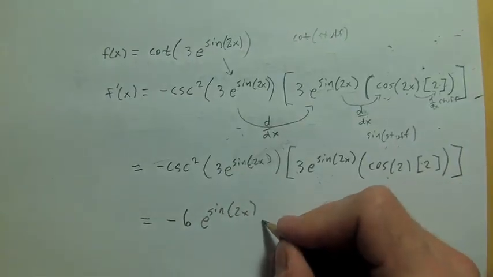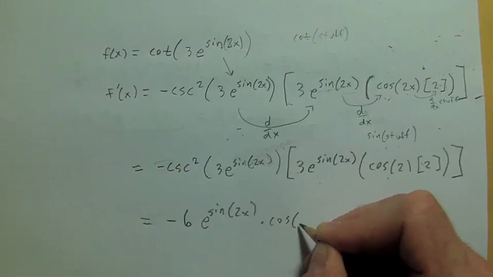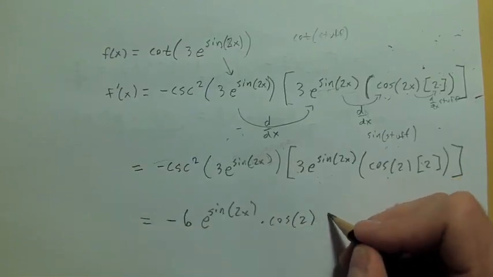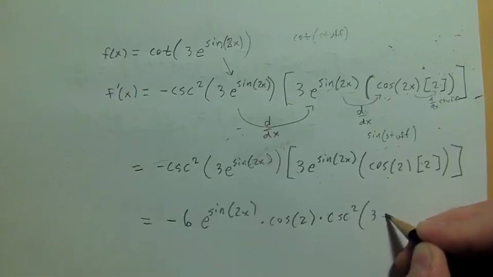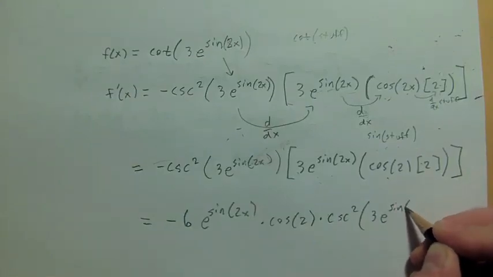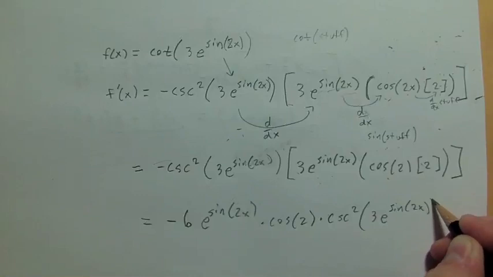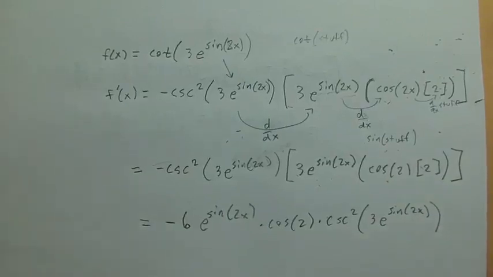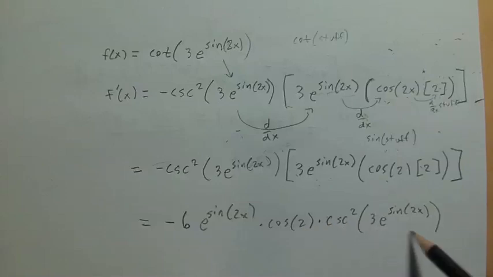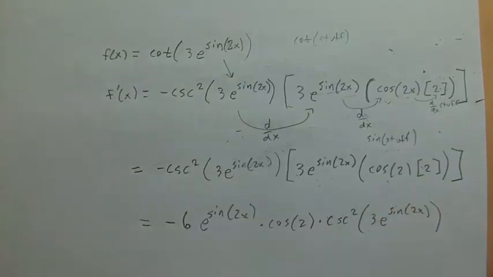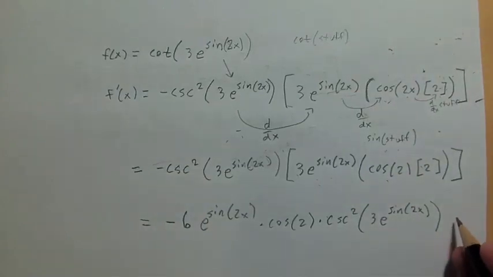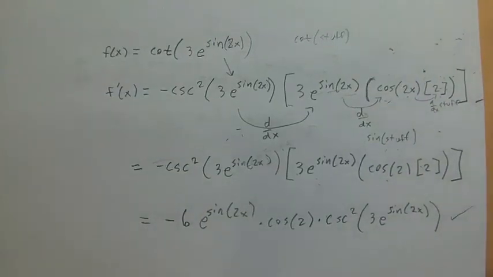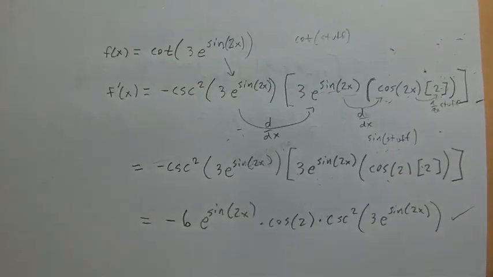Let me go ahead and move that cosine of 2x out as well, and then the whole thing is times cosecant squared of 3e to the sine of 2x, and there we go. Keep in mind, guys, that these are cosecant squared of. This isn't like a product. I see that mistake quite a lot, but here we go. That's our finished answer right there.